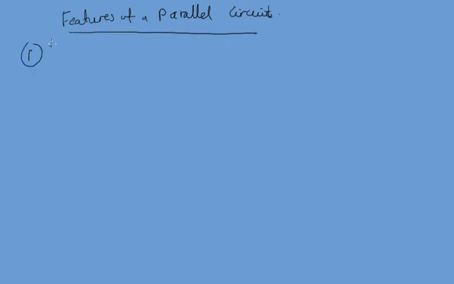So the features of a parallel circuit are: the total resistance is given by this formula.